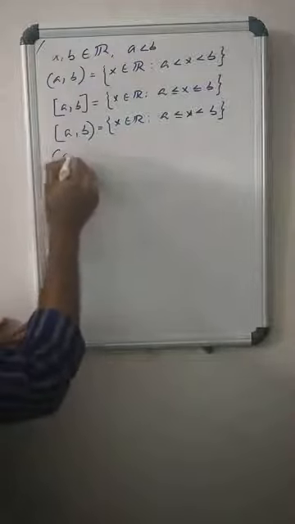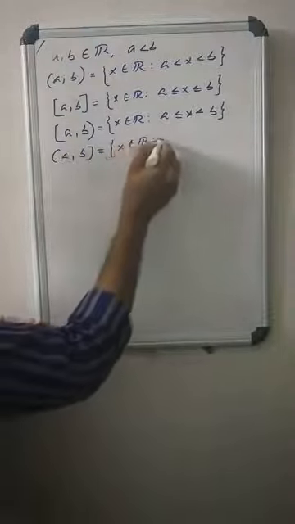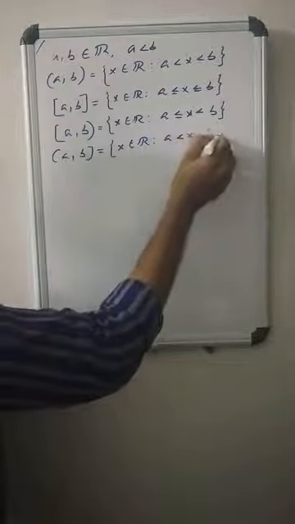And the open-closed interval (A, B] is the set of all x in R such that A < x ≤ B.